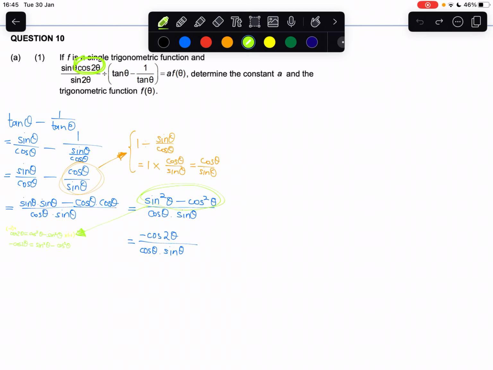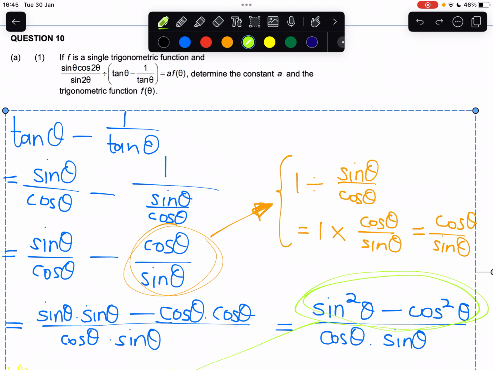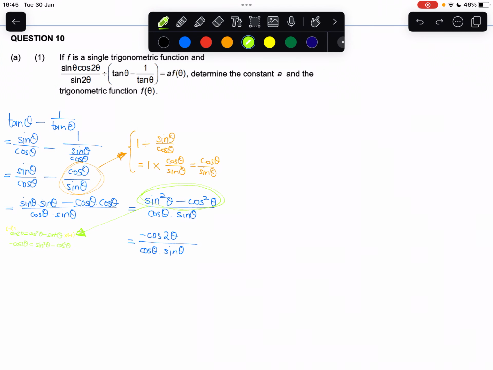And there is a sine 2 theta as well that potentially needs to get cancelled. Because remember, this ultimate function that we are ending up with is in terms of theta. It's not in terms of 2 theta. So any reference to 2 theta, ideally, we need to be getting rid of.